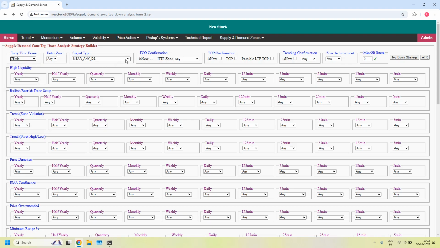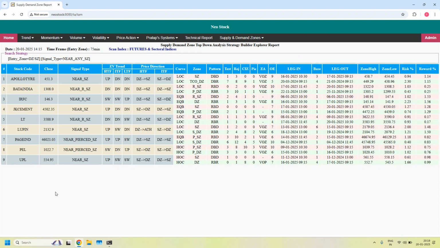75 minutes time frame. Stocks near 75 minutes supply zone. We got 9 stocks. Let us identify high liquidity supply zones from this list.